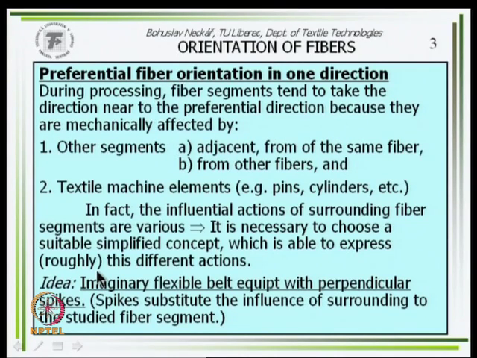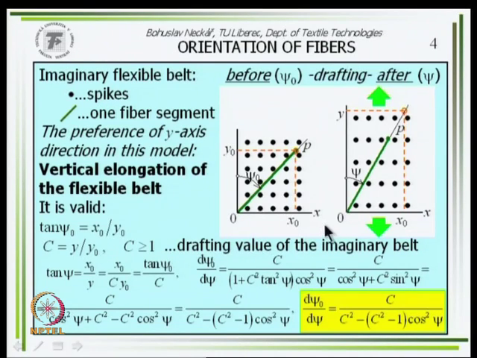Let's imagine something like an imaginary flexible belt equipped with perpendicular spikes. Such spikes substitute the influence of the surrounding of our fiber segment. This is shown here. Let's imagine such an imaginary flexible belt having some spikes on it, like a fakir bed.